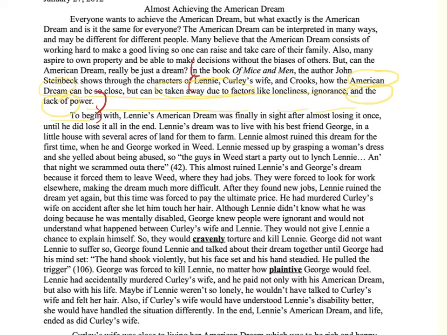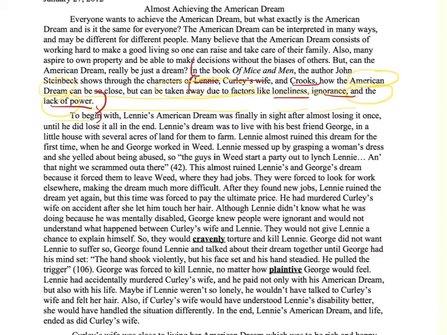Now, this particular thesis actually has quite a few other big ideas. So we have, first of all, the characters, and I'm going to underline them here, of Lenny, Curly's wife, and Crooks. And then we also have factors like loneliness, ignorance, and lack of power. Well, guess what? You're not going to talk about each one of those in each body paragraph. Those are the body paragraphs.